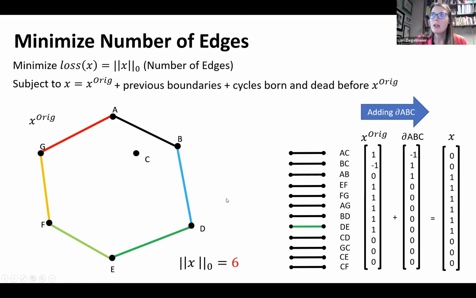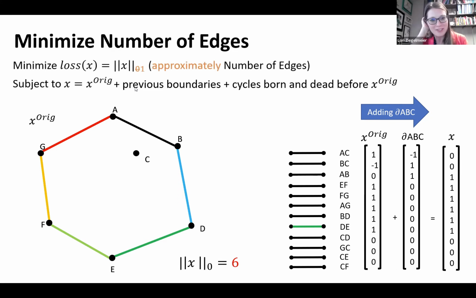Okay. Now, it turns out when you're trying to minimize things, the zero norm is NP hard to minimize. But it's highly interpretable. So if you have a vector and you can count the number of non-zero entries, particularly if those entries are 0, 1, or -1, then it's easy to interpret this.